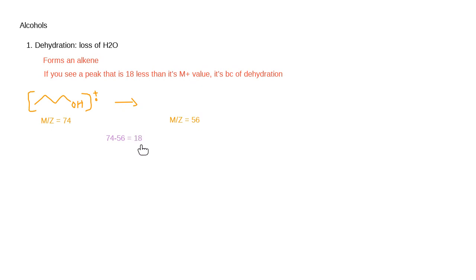So the only way we can get this combination is if we introduce another atom. In this case, it's going to be the alcohol. So as you know, oxygen is 16, and hydrogen is 1.